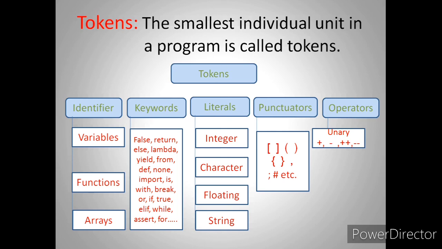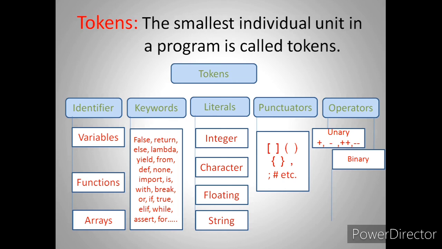Unary operator means what? The operator which acts upon one operand is known as a unary operator, as plus a. If I say a is equal to plus 3, a is equal to minus 5, how many operands are there? One operand. Operand means the variable. Similarly we have a binary operator.